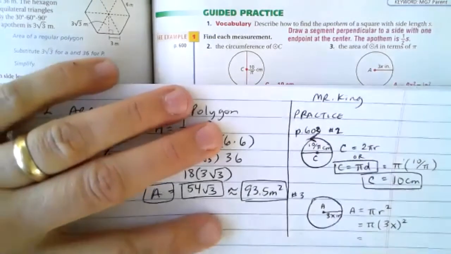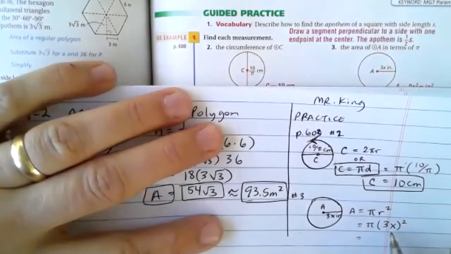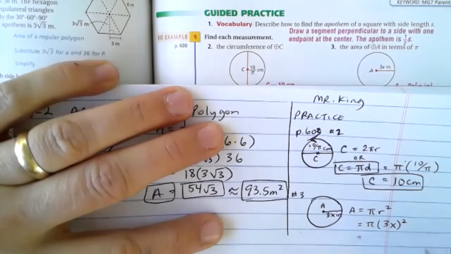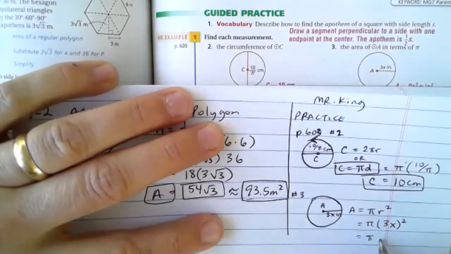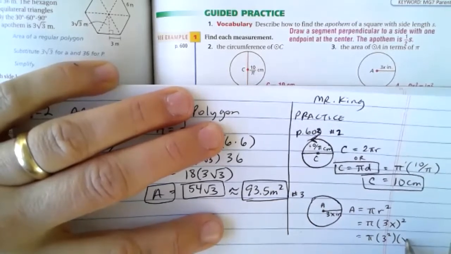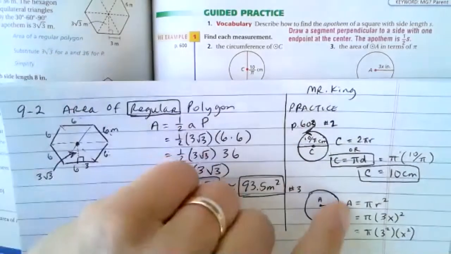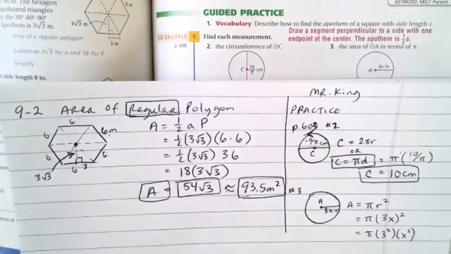What I want you to understand is this square can be given to each term inside the parentheses. So another way to write this would be 3 squared times x squared, okay? It's almost like the distributive property, but using exponents.